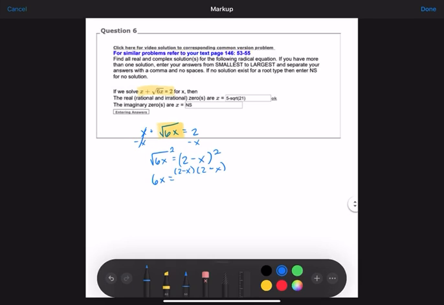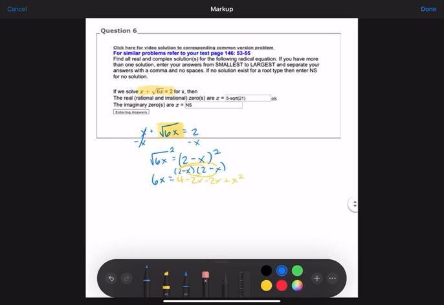Let's see here, I have 2 times 2, which gives me 4. 2 times negative x is negative 2x, negative x times 2 is negative 2x, and then negative x times negative x is a positive x squared.